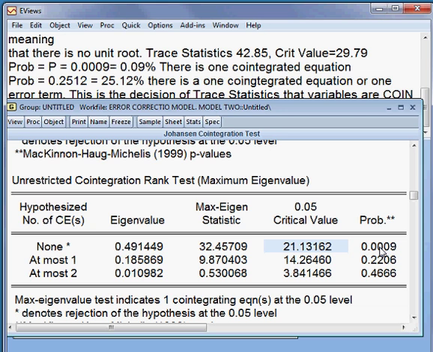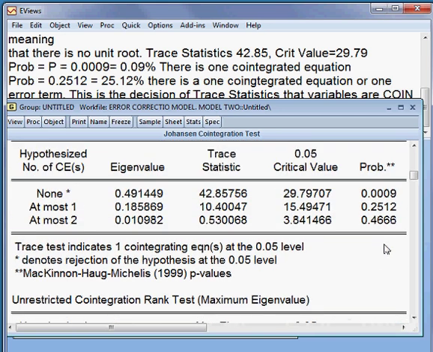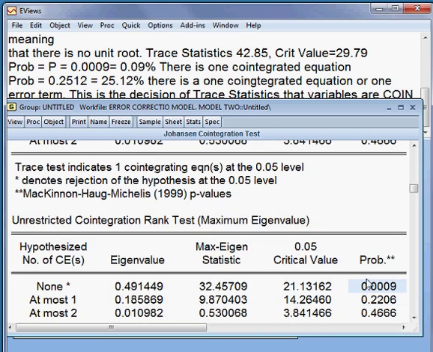And what about here? The probability value is less than 5%, meaning that we can reject the null hypothesis.